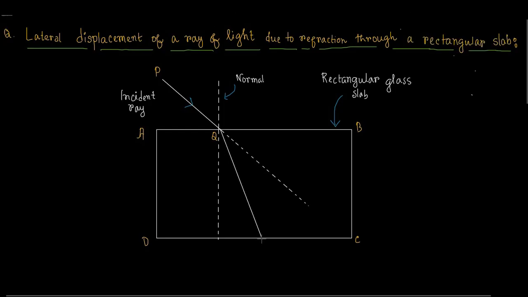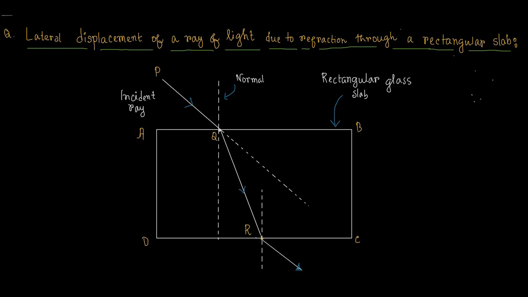Now the incident ray PQ will be refracted along QR inside the rectangular glass slab. The refracted ray will be traveling along QR, and we can draw the normal on the second refracting surface.